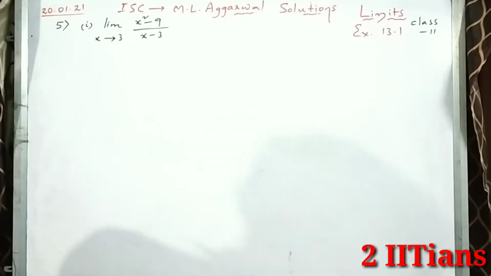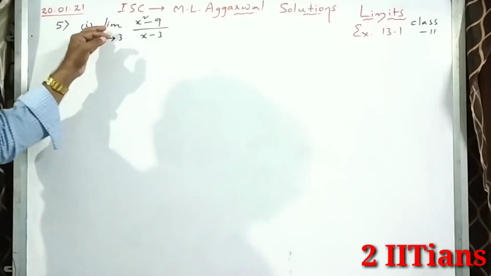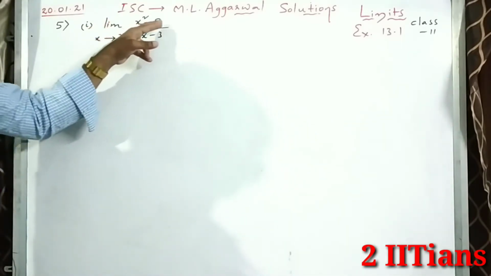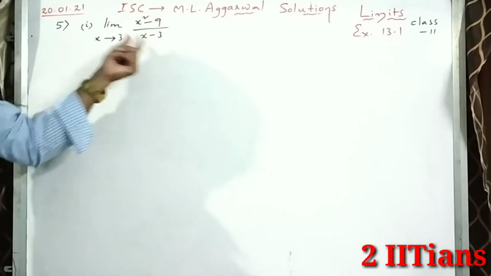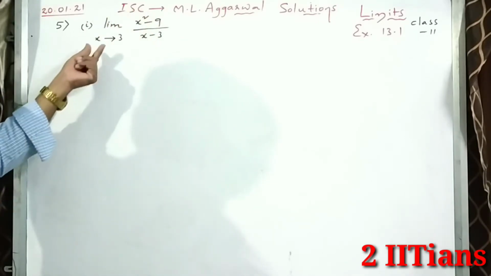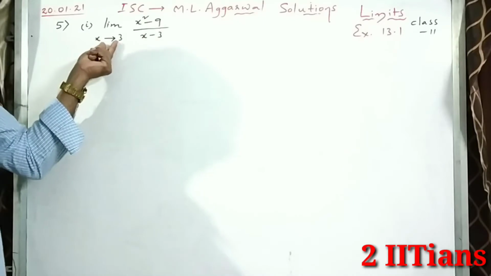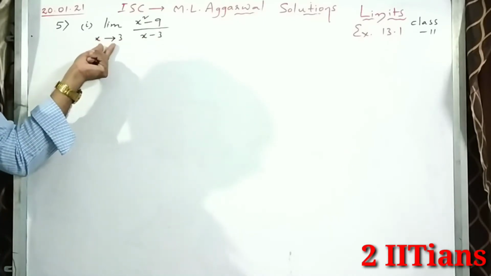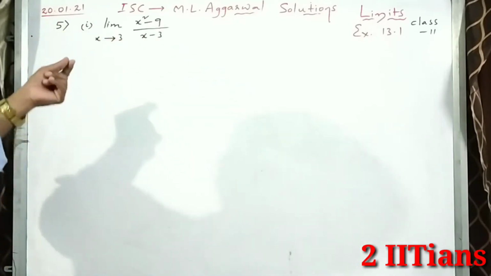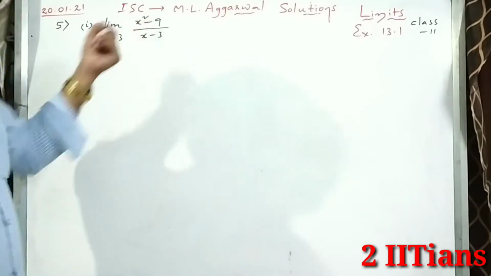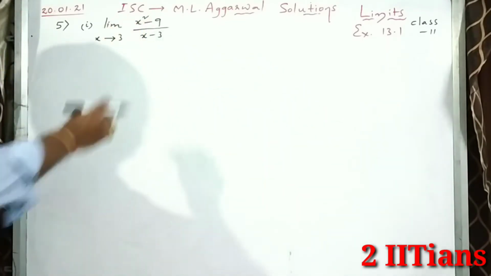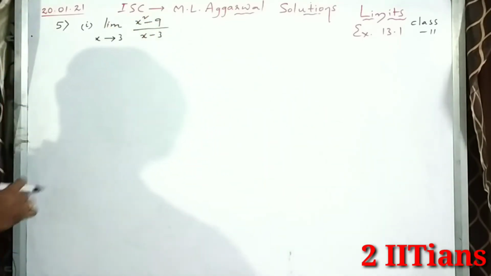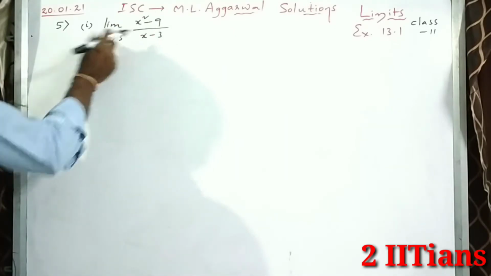How do we read this question? Limit of x square minus 9 upon x minus 3 as x tends to 3.